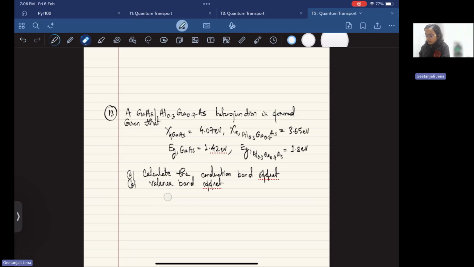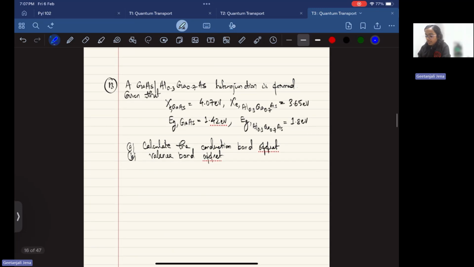Let us move to our next problem. In the next case, we have a gallium arsenide and aluminum gallium arsenide heterojunction, and it is given that the electron affinity of gallium arsenide is 4.07 electron volt.